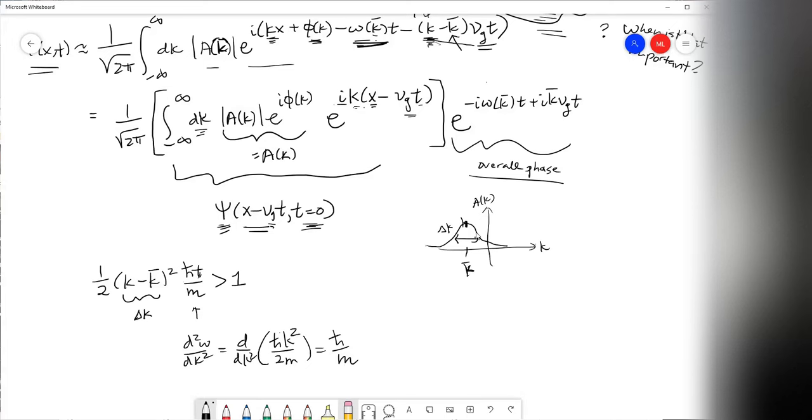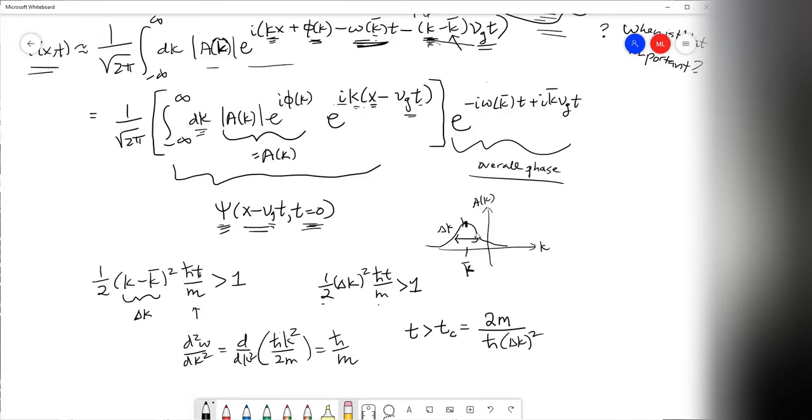envelope in momentum space. So this becomes a problem when the spread in your envelope function squared, h bar t over m, is bigger than 1. Or if you want, this tells you that it's when t is bigger than a characteristic time. And the characteristic time is, you multiply out, you get 2m divided by h bar delta k squared.